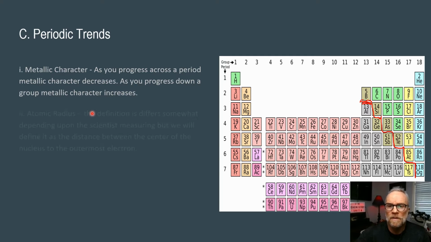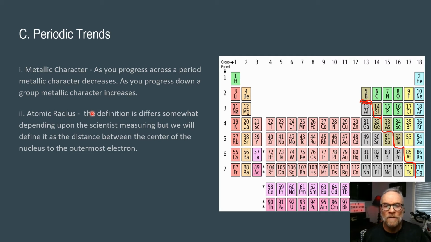And this property of losing electrons is determined to a great extent by atomic radius. The definition differs somewhat between sources, but in general we say it's the distance from the nucleus to the outermost electron.